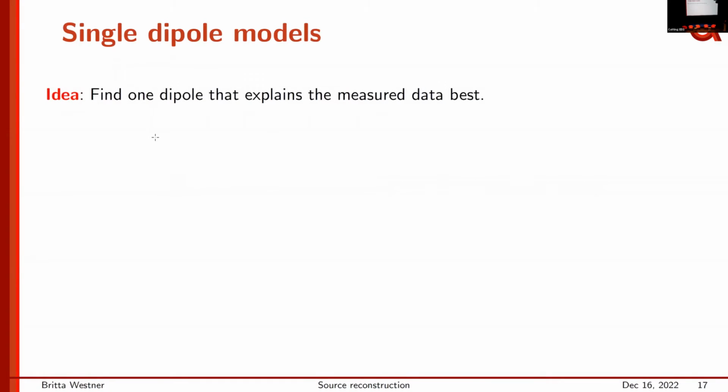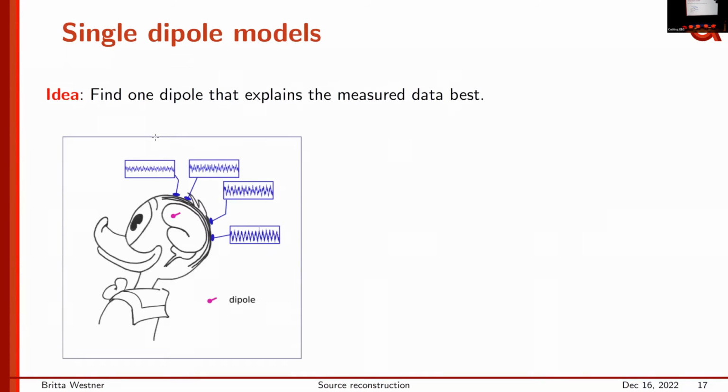One of the most straightforward methods to do that is single dipole modeling. The idea behind that is we want to estimate one single dipole in the brain that explains the measured data the best. So imagine we did a little experiment on Donald Duck. He was maybe thinking about, I don't know, his hammock or how to not have to work for his uncle this weekend.